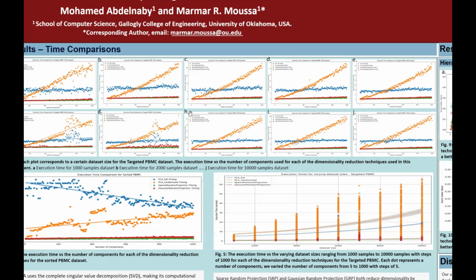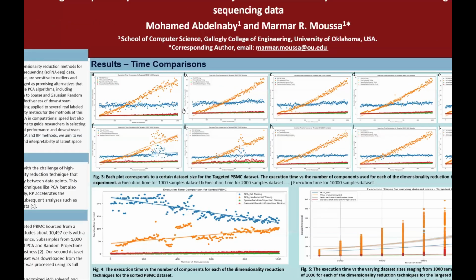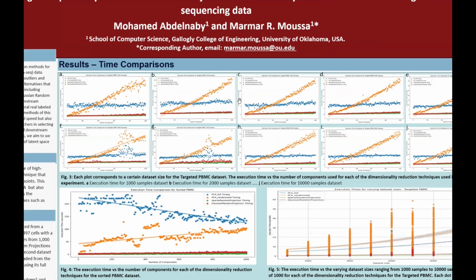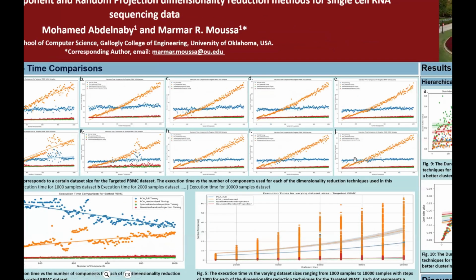We created subsets from this larger dataset. Figure 3A is going to be 1,000 samples, B 2,000, C 3,000, all the way to figure 3J, which is 10,000 samples. And these are randomly sampled from this 10,000 dataset.